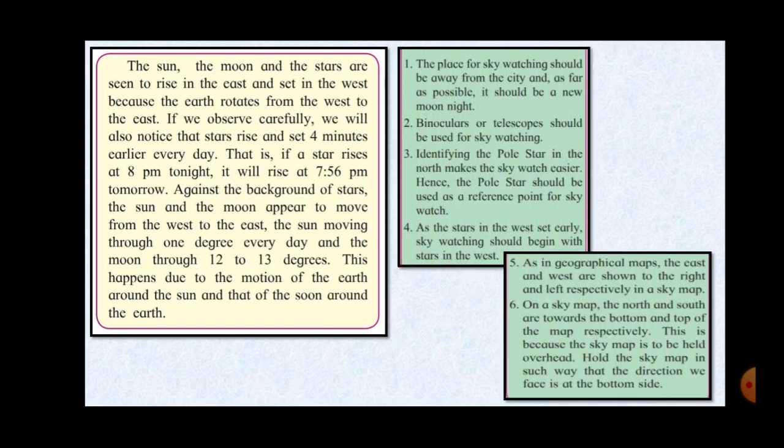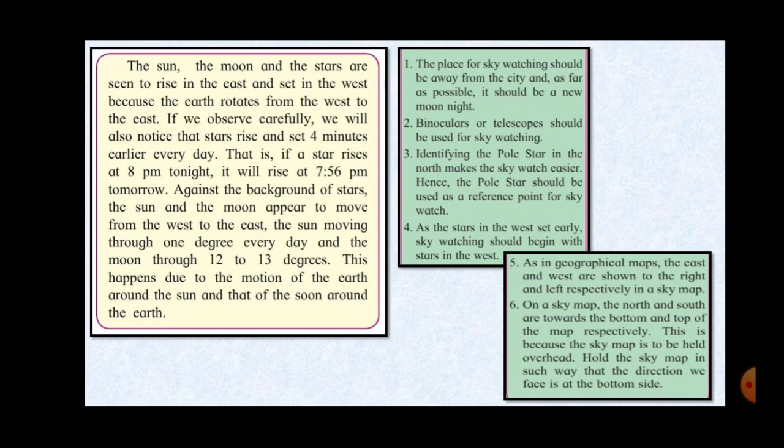Now, what precautions should be taken, or what are the conditions which should be observed when you are going for sky watching? Okay. First, the place for sky watching should be away from the city, as far as possible from the city. Then we have to use binoculars or telescopes to watch the sky.